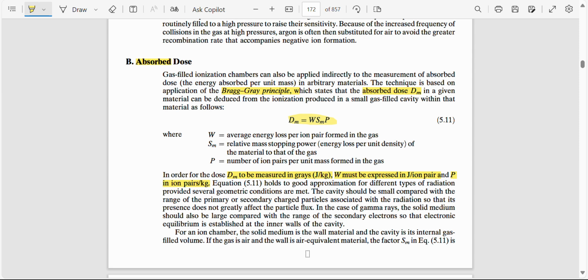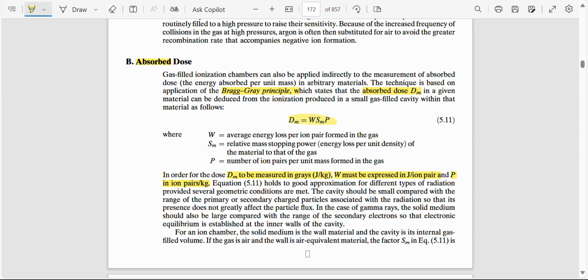The average energy loss per ion pair is 34 eV, so the value of W is given. And the stopping power of the medium is 2.5 into 10 raised to minus 2, so the value of Sm is also given.